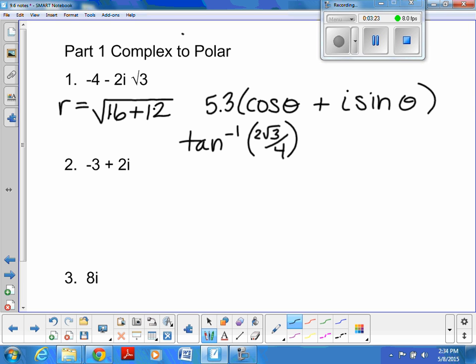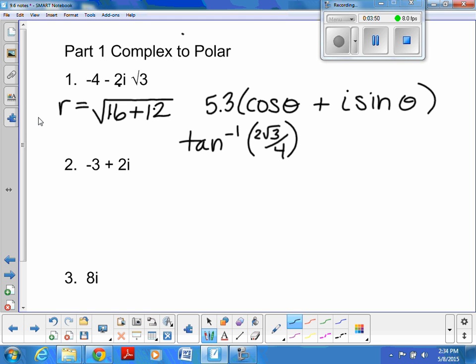So if I do tangent inverse of 2 root 3 divided by 4, I'm going to get about 41 degrees. It's 40.9, so 41 degrees. But is that the answer? You have to draw a picture in your head or something to figure out which quadrant we're in. When x is negative and y is negative, which quadrant are we in?